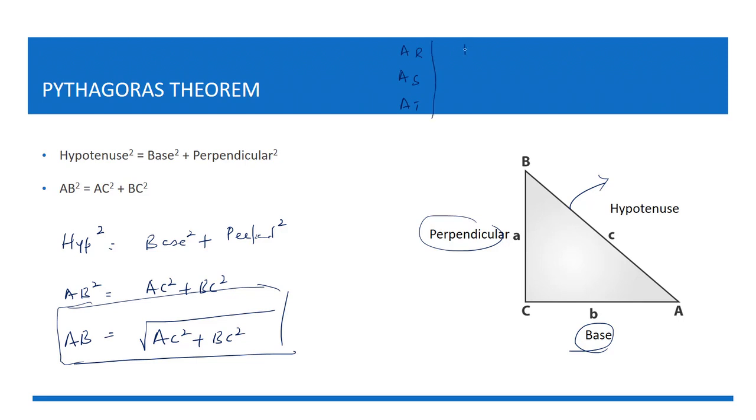Then perimeter of rectangle, perimeter of square and perimeter of triangle. Perimeter of triangle is nothing but the sum of the sides, that's it. Then diagonal of rectangle, diagonal of square. And then you should know the Pythagoras theorem, so that you can easily solve most of the problems. Okay.